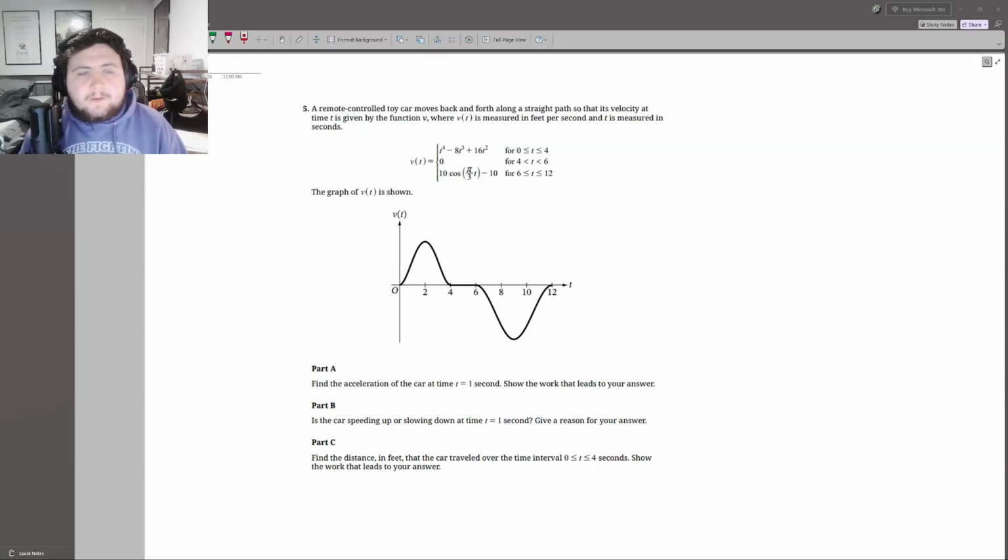So, a remote-controlled toy car moves back and forth along a straight path so that its velocity at time t is given by the function v, where v of t is measured in feet per second and t is measured in seconds. Then we have our piecewise function, which is of three parts. We're going to need to remember that for later.